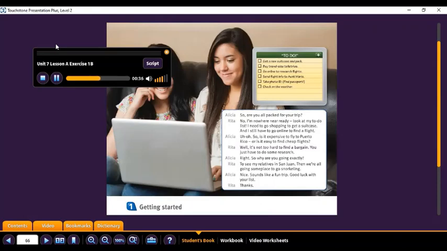I need to go shopping to get a suitcase, and I still have to go online to find a flight. Uh-oh. So is it expensive to fly to Puerto Rico, or is it easy to find cheap flights? Well, it's not too hard to find a bargain. You just have to do some research. Right. So why are you going exactly? To see my relatives in San Juan. Then we're all going someplace to go snorkeling. Nice. Sounds like a fun trip. Good luck with your list. Thanks.